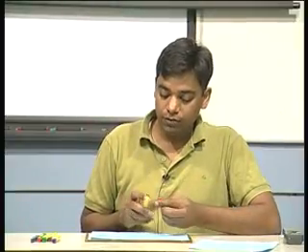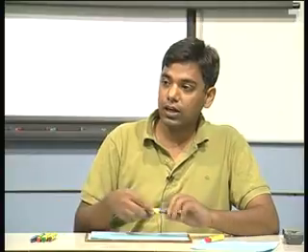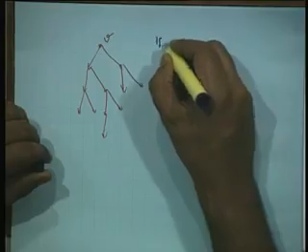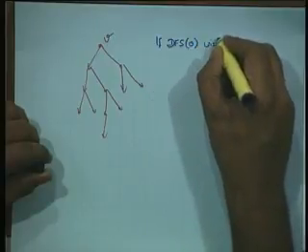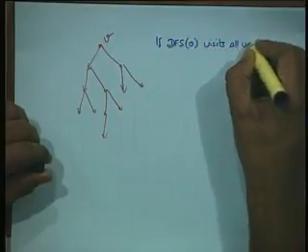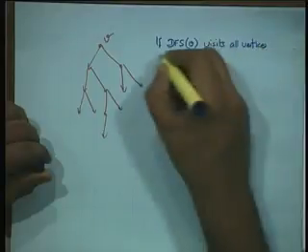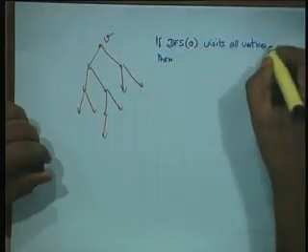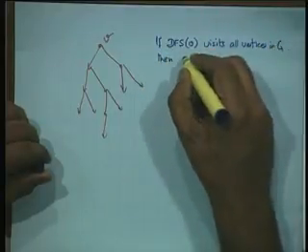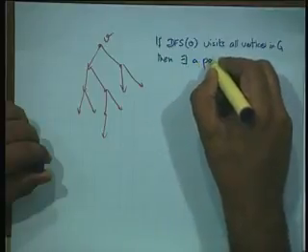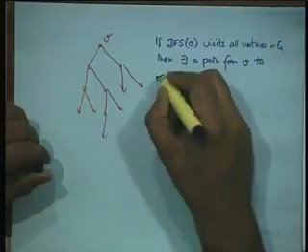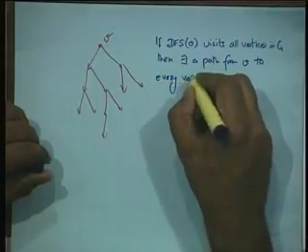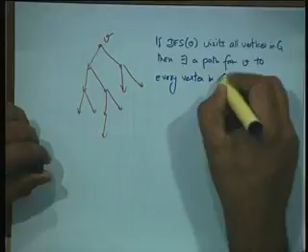So if DFS from v visits all vertices in the graph G, then there exists a path from v to every vertex in G.